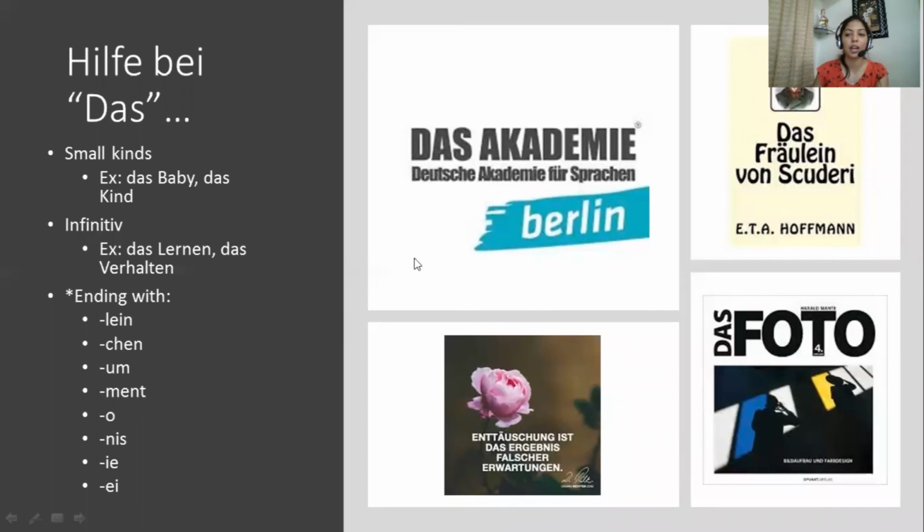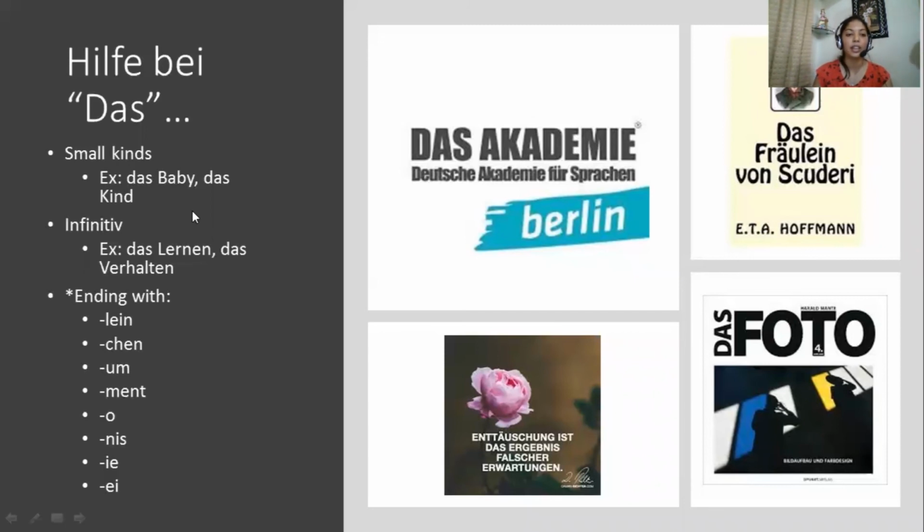Okay, next we have Hilfe bei das. So in case of das, small kids. Whenever we refer to some sort of small kids, for example, it's das Baby, das Kind, a small child. A child is called Kind. So das Baby, das Kind, all these take the article das. Infinitive, for example, das Lernen, das Verhalten.